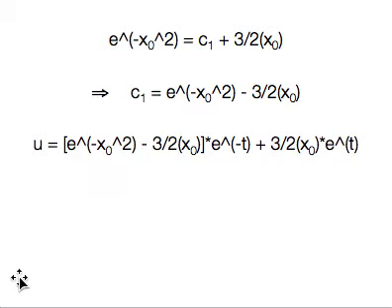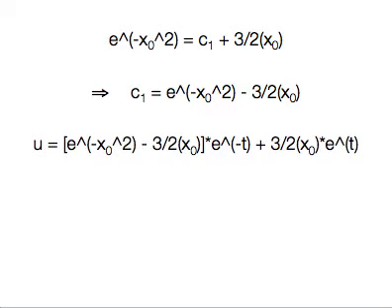So now we solve for c1, and we can plug that back into our equation for u, and we get this kind of messy thing, which is e to the negative x naught squared minus 3 halves x naught times e to the negative t plus 3 halves x naught e to the t.